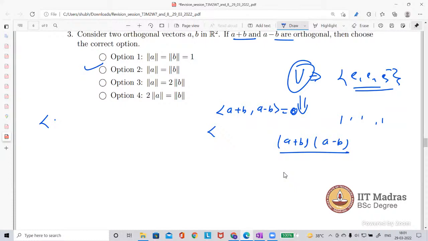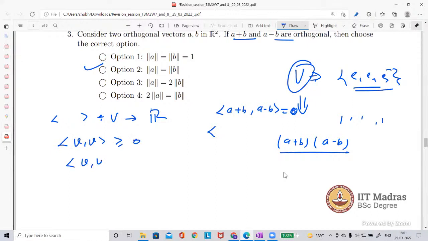Yeah, correct. So what are the properties of an inner product? This is a function from the vector space to R, said to be an inner product. The first property is that the inner product of V with V is greater than or equal to 0. The first one is positivity.